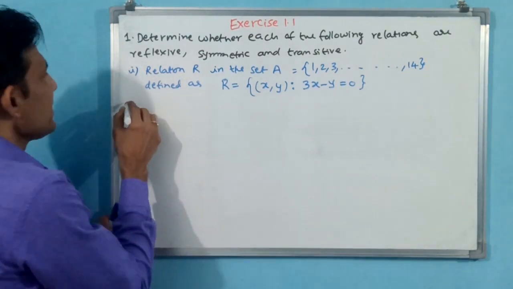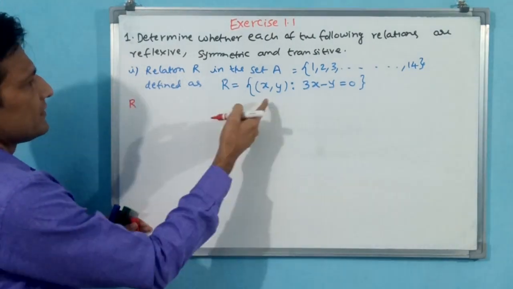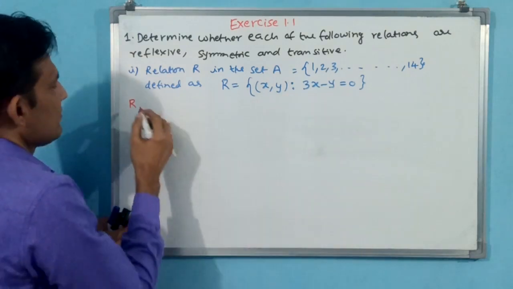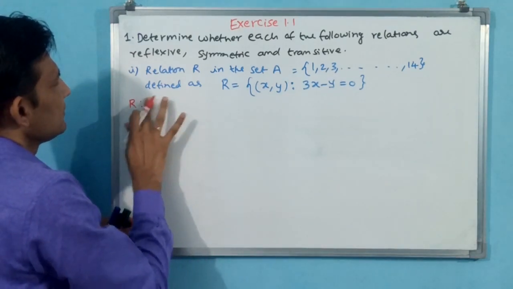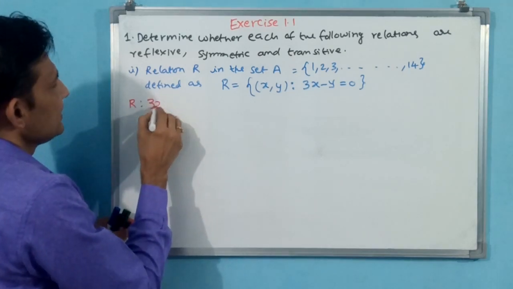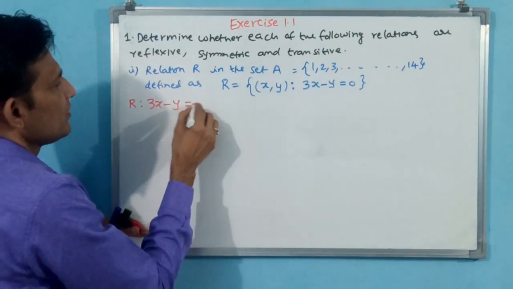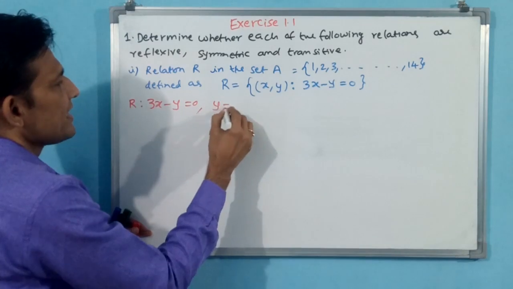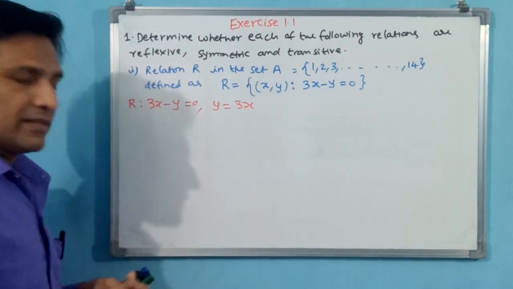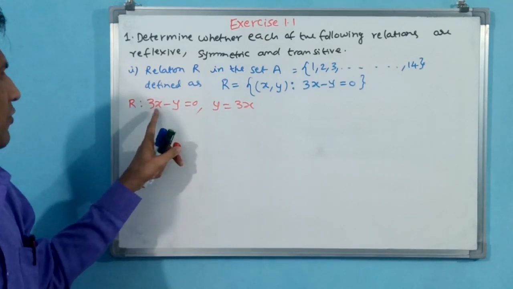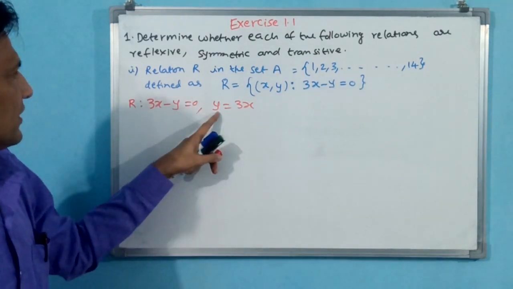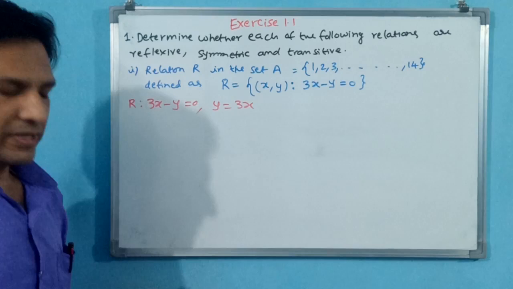Relation R is 3x minus y equal to 0, or I can write y equal to 3x. Is it correct? Because 3x minus y equal to 0 means y goes to the other side, so y equals 3x.